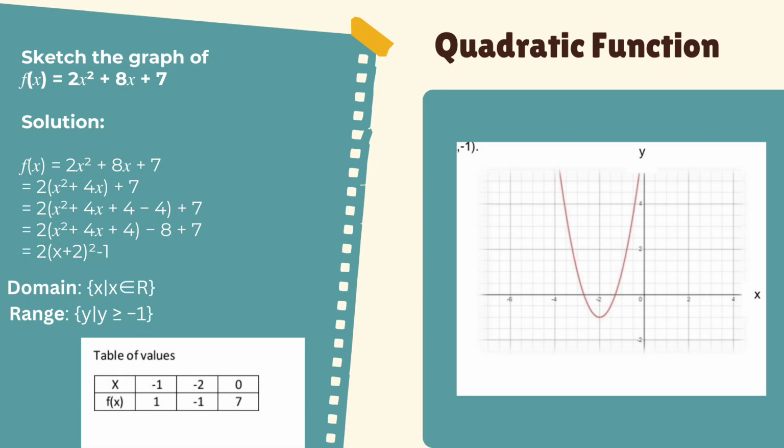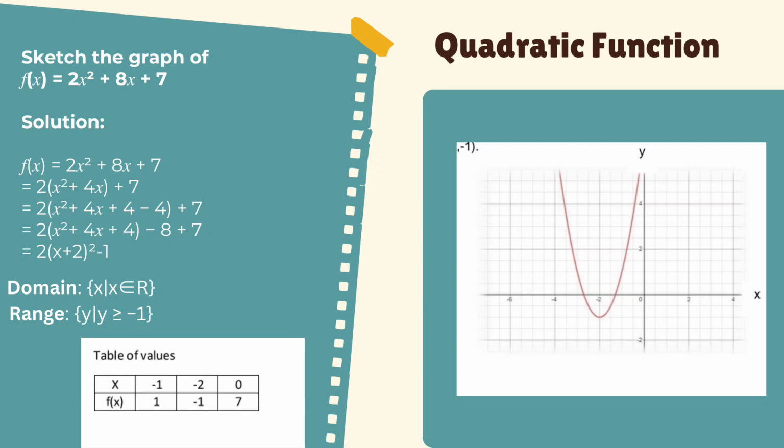So after adding and subtracting 4 within the parentheses, you must now regroup the terms to form a perfect square trinomial. The negative 4 can be removed from inside the parentheses, but because of the 2 outside the parentheses, you must multiply negative 4 by 2. So we now have 2 times the quantity x squared plus 4x plus 4, minus 2 times 4, plus 7.